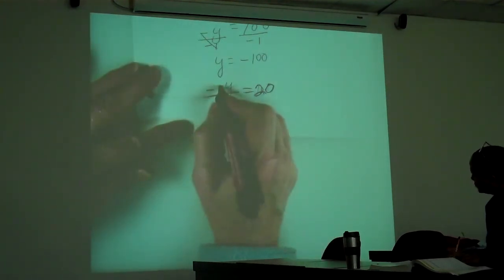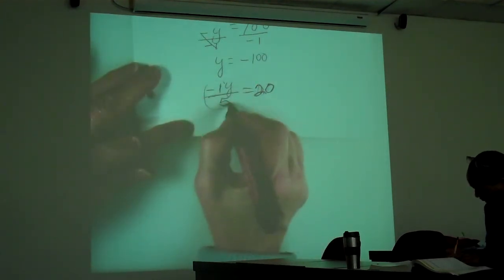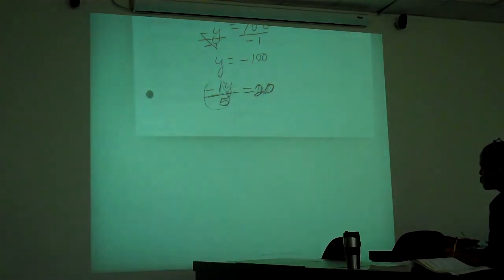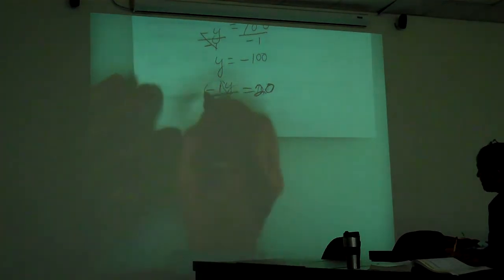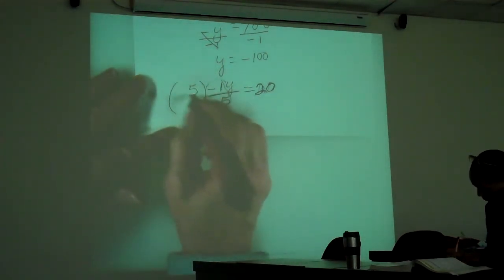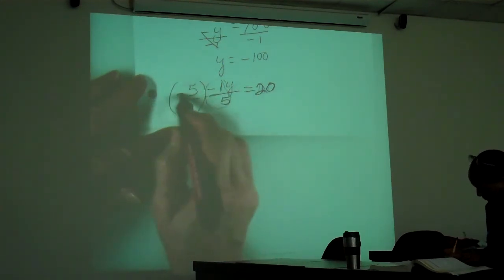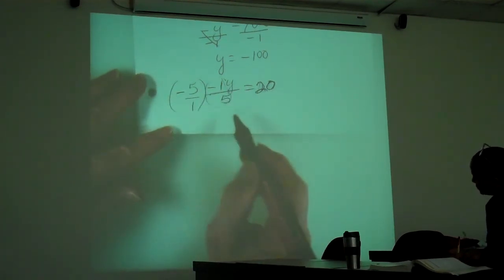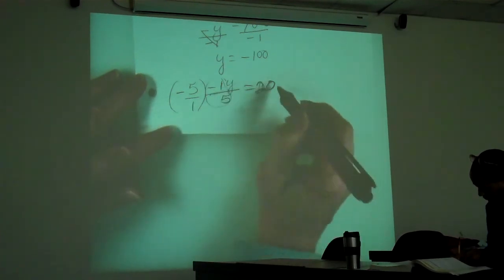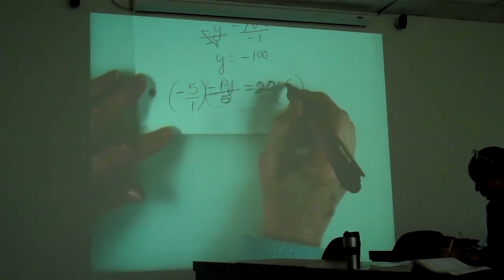Look at this as negative 1/5 times y. And go, okay, well, I'm going to multiply by the reciprocal, which is the same sign. Same sign and flip it over. Multiply by the reciprocal.